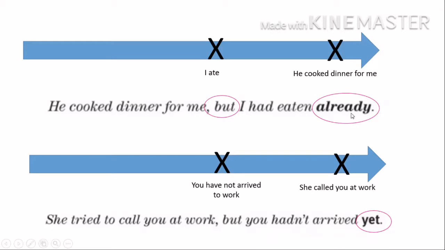You're going to use already with affirmative. She called you at work, but you hadn't arrived yet. Remember, you cannot use have, you have to use had as the past perfect. Have and has are for present perfect, but here we're using had, and the negative is hadn't, with the verb in past participle.